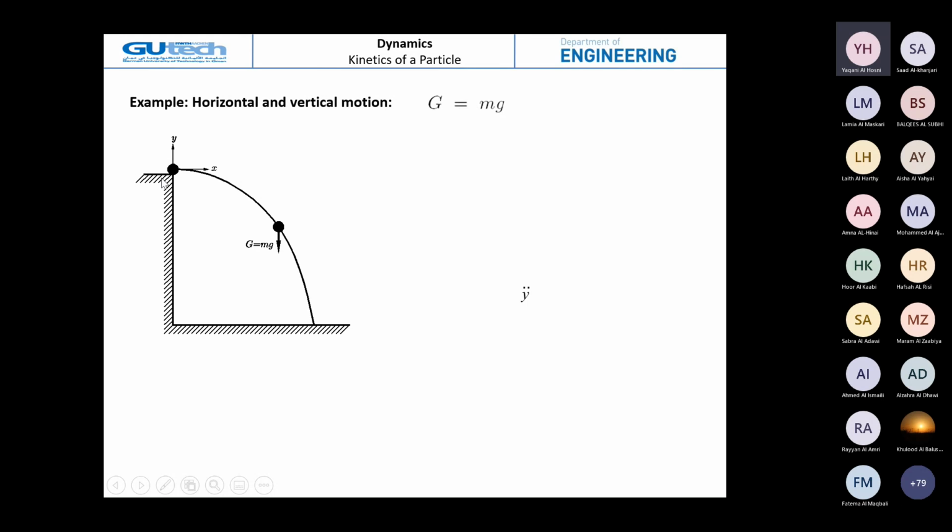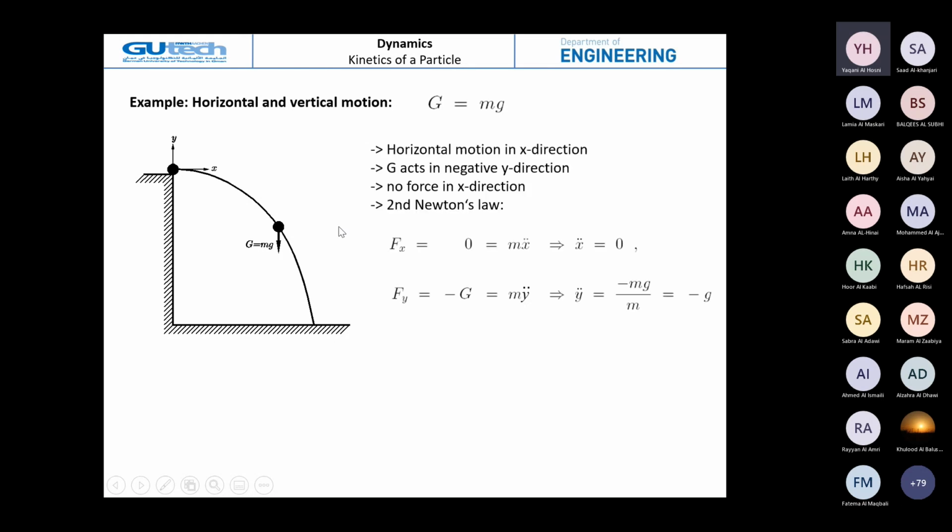Now, if we have, for example, horizontal and vertical motion, in this case it's describing an arc. We have horizontal motion in x direction, of course, and there is also motion in vertical direction y.